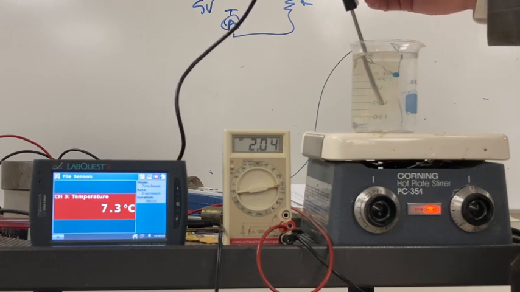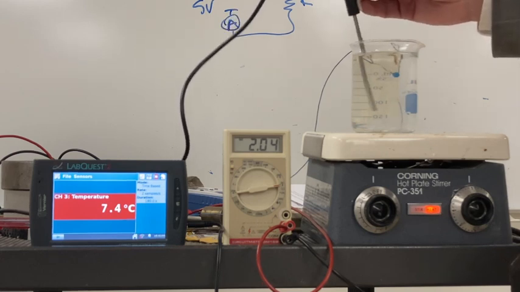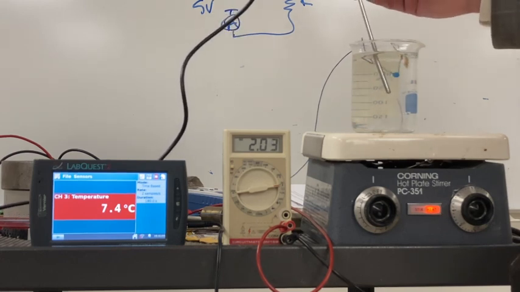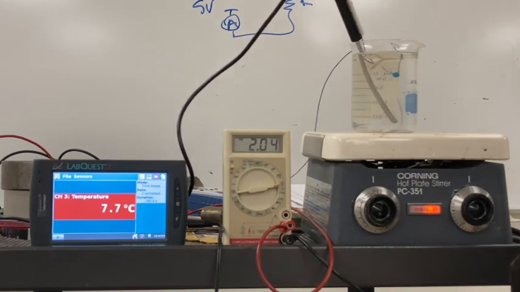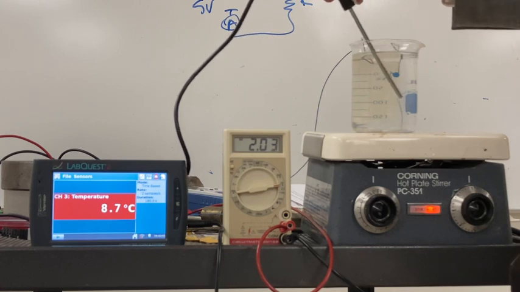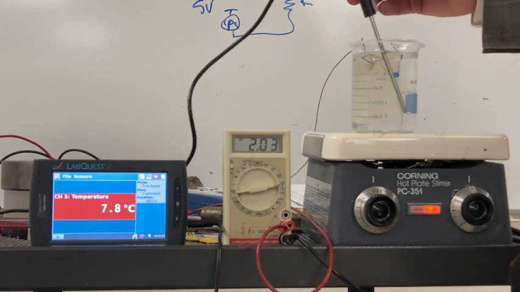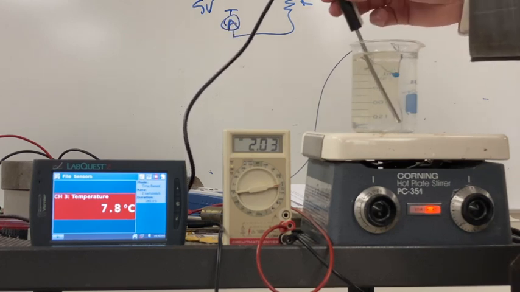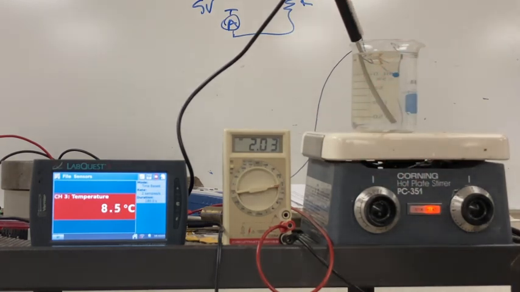So what we're going to do is take the temperature, as we heat this up, and we'll record the resistance at every 10 degrees. And record the resistance at each one of those.